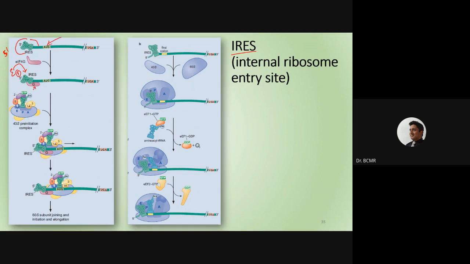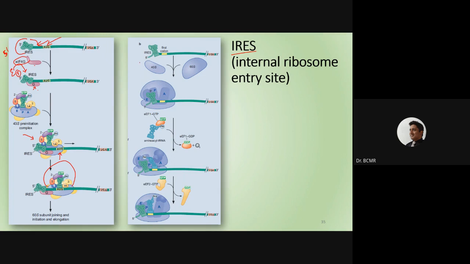In this case, the IRES folds in such a way that it already can interact with eIF4G, and 4G binds here, and that is important for the binding of the 43S pre-initiation complex to the 5' side, and then it will scan for the start codon, and it will initiate translation. I mean, the large subunit will form, and then initiation of translation would have happened. So this IRES is allowing the bypassing of the requirement for the 5' G cap. And that is how it is helping.